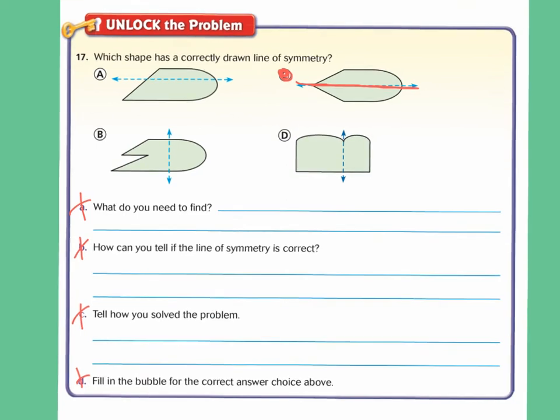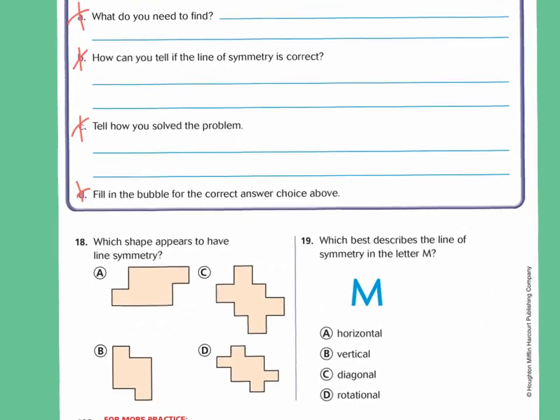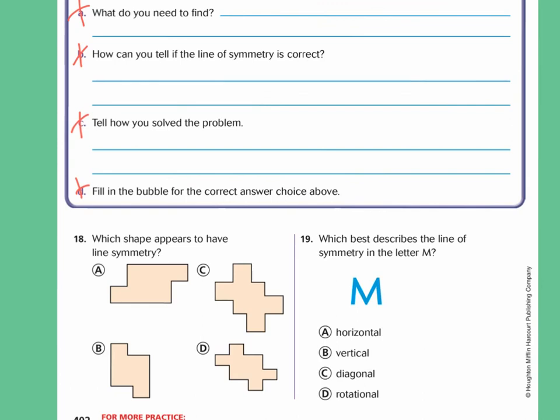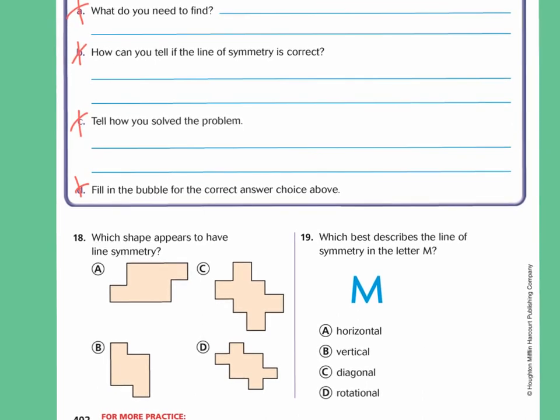And then let's look at number 18. It says which shape appears to have a line of symmetry. And I would say, let me eyeball that. Just at a glance, I can see if I do a horizontal line right here, that kind of jumps out at me, or a diagonal line, that kind of jumps out to me for letter C here.